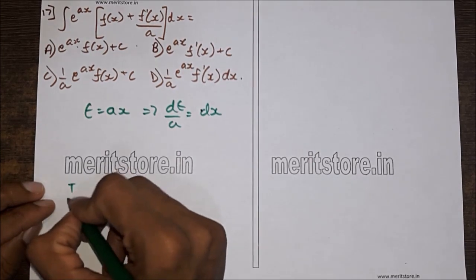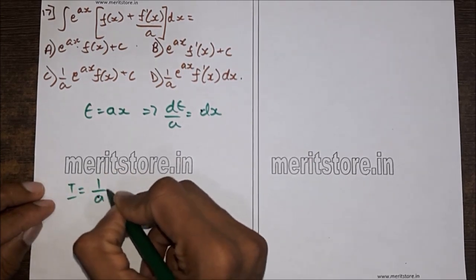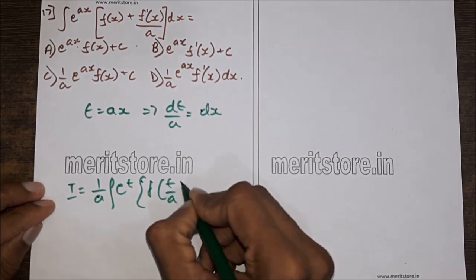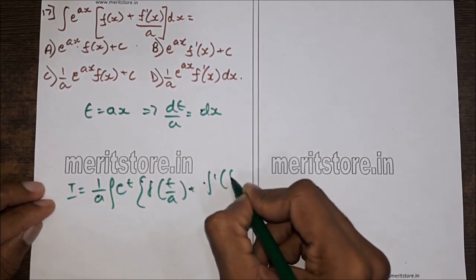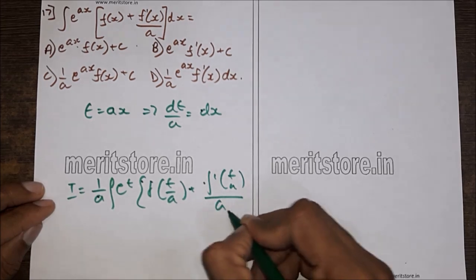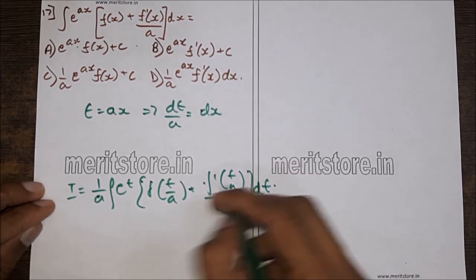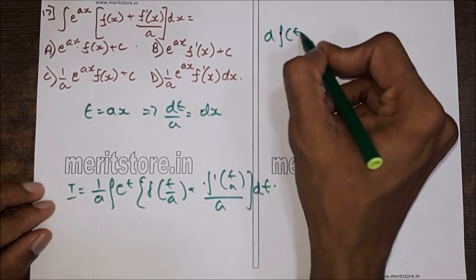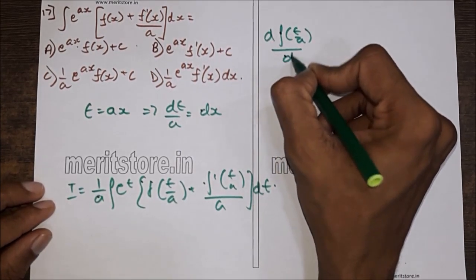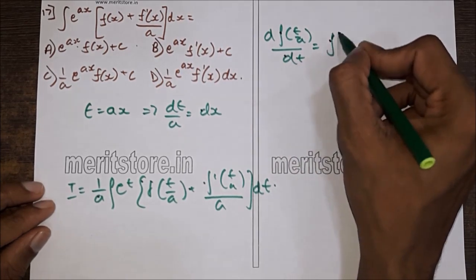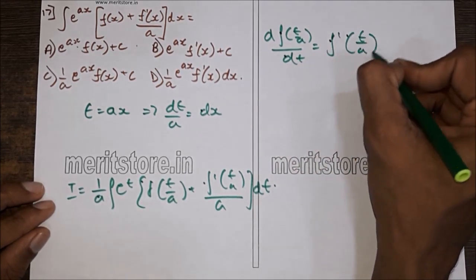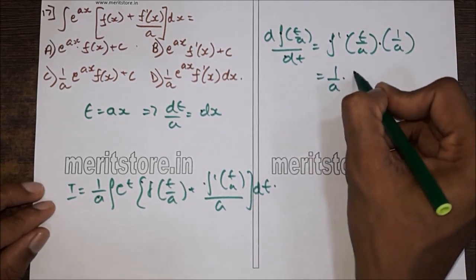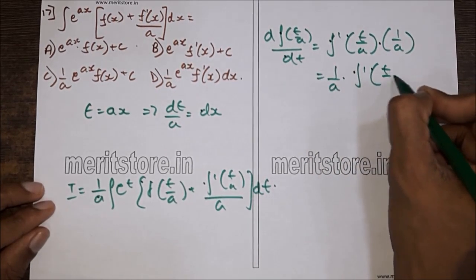We can substitute this, we get I equal to 1 by a integral e raised to t bracket f of t by a plus f dash t by a upon a bracket dt. We can write this as d f of t by a upon dt equal to f dash t by a into 1 by a, which is equal to 1 by a into f dash t by a.